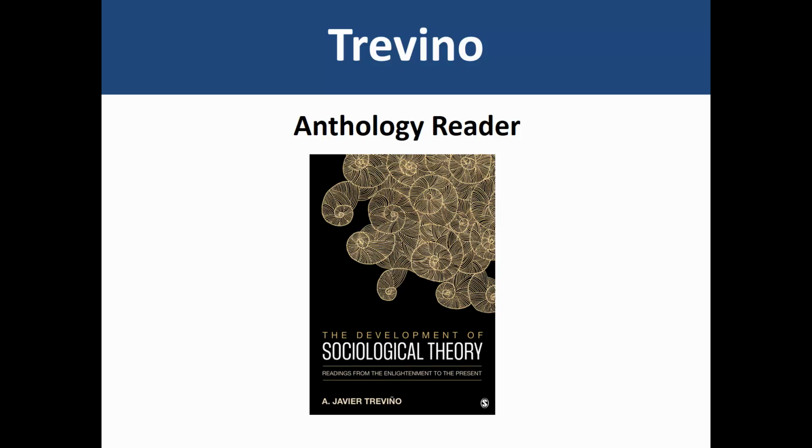It's organized more or less chronologically to show the historical development of sociological theory from the 19th century founders through the present. So this book is for professors who want a single book that offers the widest range of primary works to choose from. And that's why it could fit into any of the 3 course categories, classical, contemporary, or combined, because professors can just pick and choose which readings they want to assign in their course.